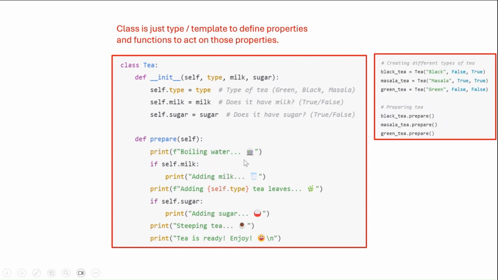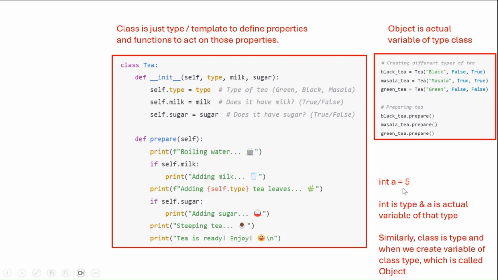Now, when we create an object, you can see for black tea, we created a T object, but we are passing different property values. These properties will change based on the type of T object we are creating. And we call prepare. So an object is an actual variable of a type class.